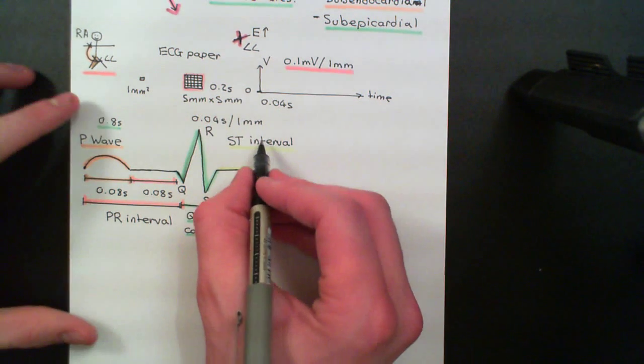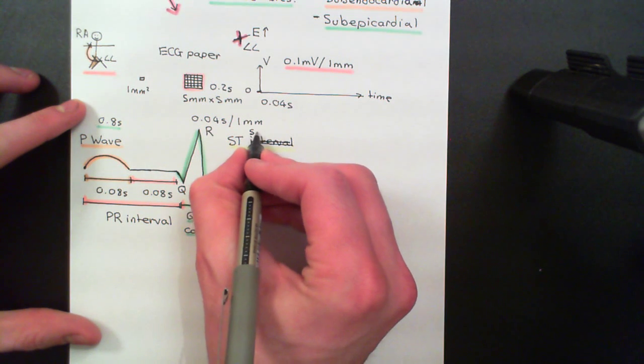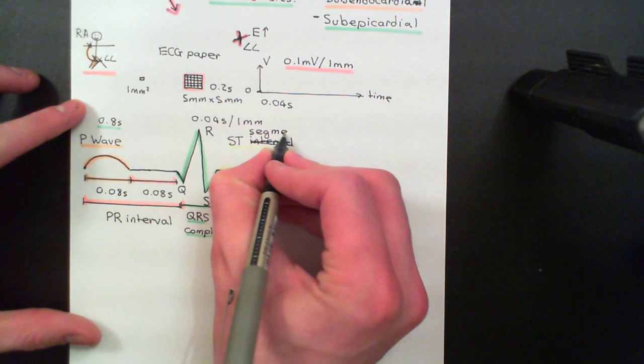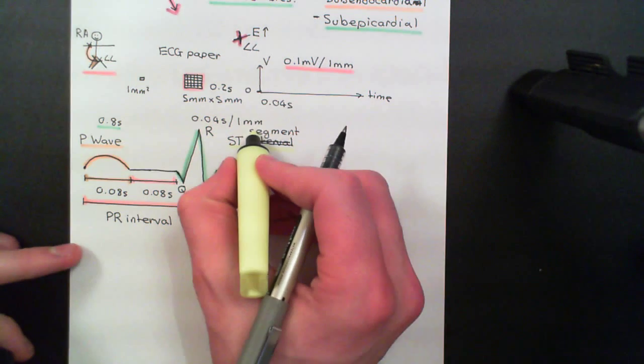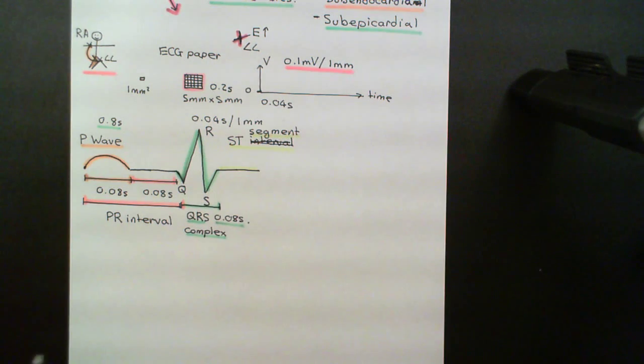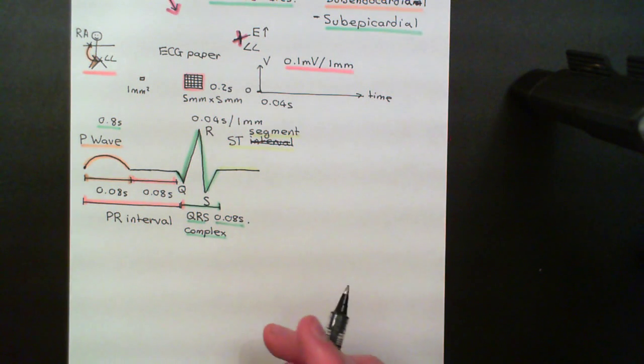Can I just change this? I think it's more commonly called the ST segment than the ST interval. I'm not sure that really matters, but usually people refer to that as the ST segment. If you called it the ST interval, everyone would know what you meant, but I think the utterly correct name is the ST segment.